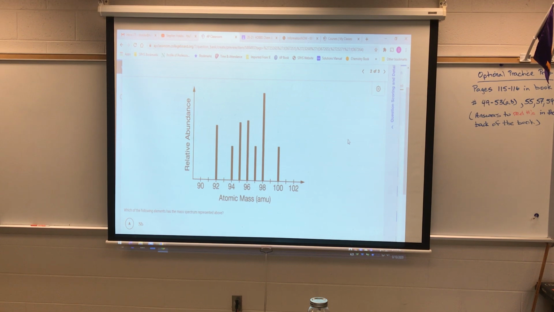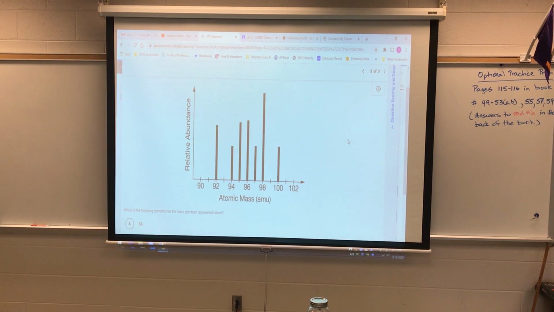Now, what do I look for? Atomic mass around 96, the red number. So you come over here, and niobium is 92.9, molybdenum is 95.94, technetium is 98, and ruthenium is 101.7.